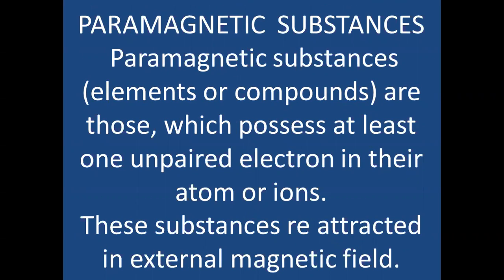Second is paramagnetic substances. These substances possess at least one unpaired electron in their atoms or molecules or ions. Therefore, their resultant magnetic moment will not be equal to zero.